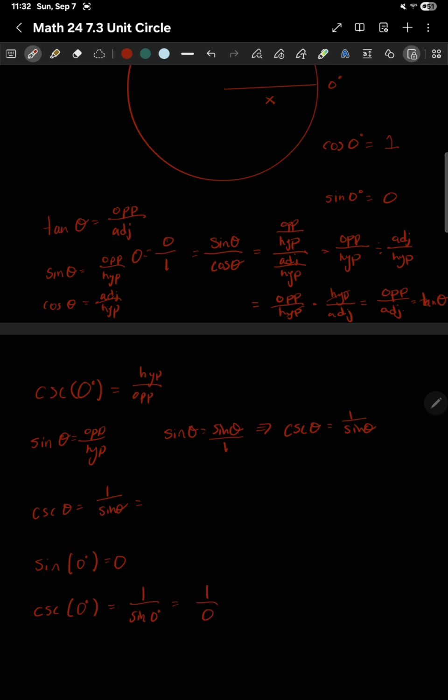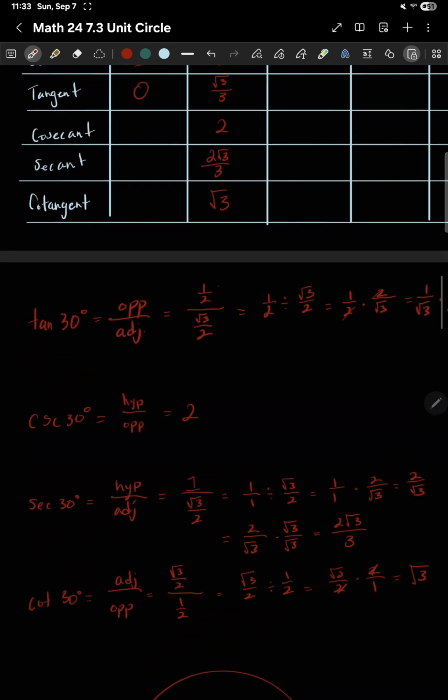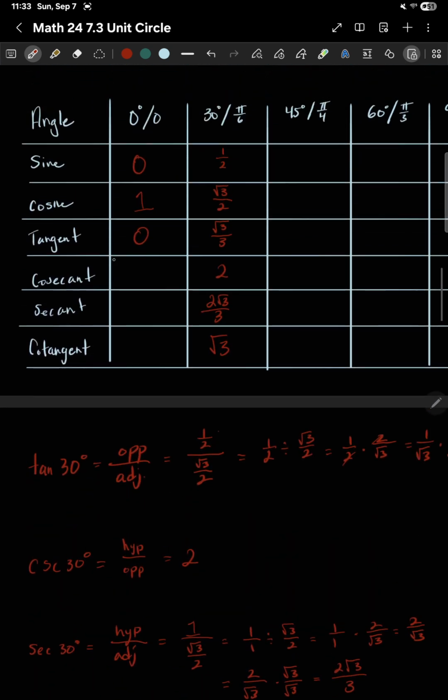So 1 over 0. But can we divide by 0? No, we can't. So we write this as undefined. So unfortunately, cosecant of 0 degrees doesn't have a value. So we write this as undefined.